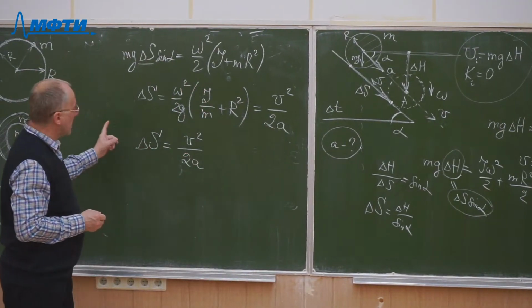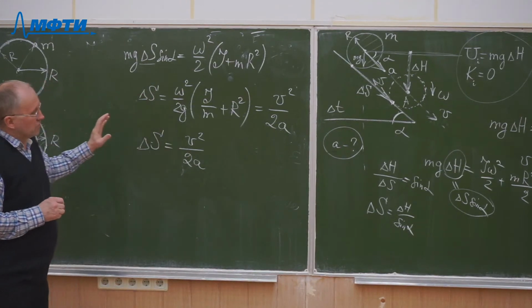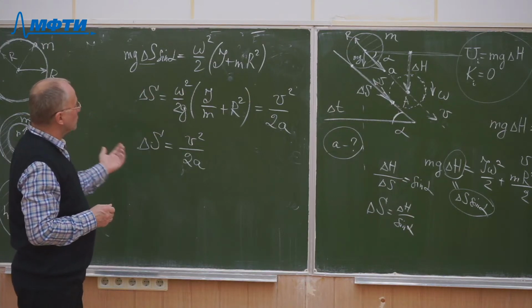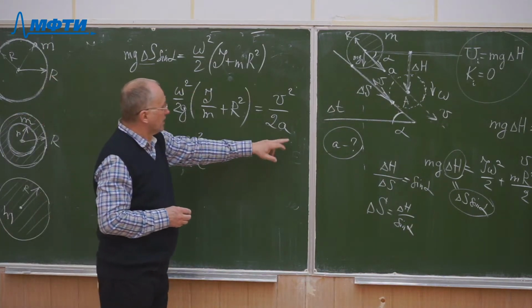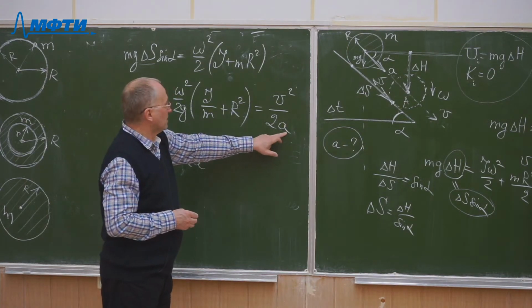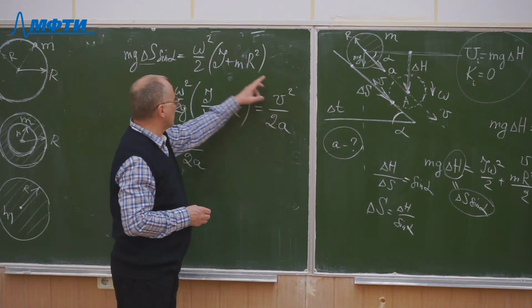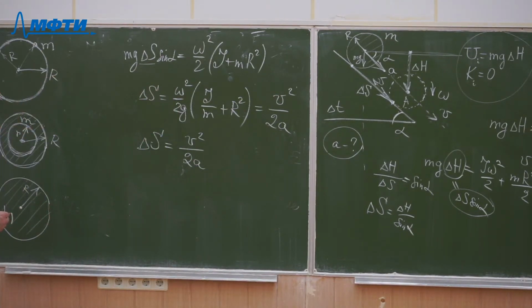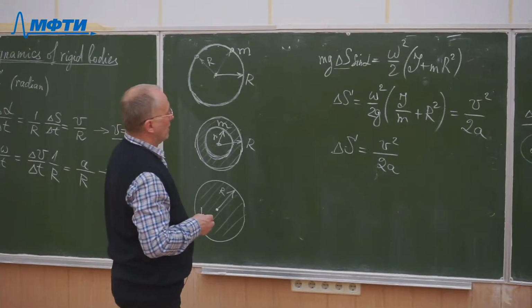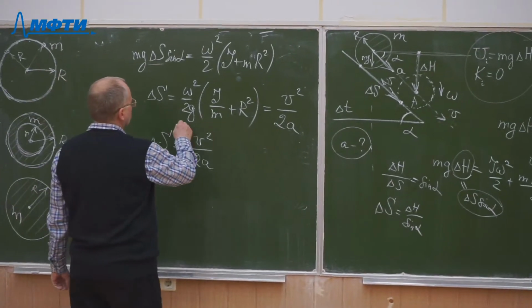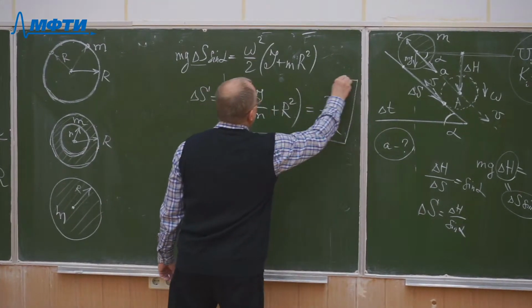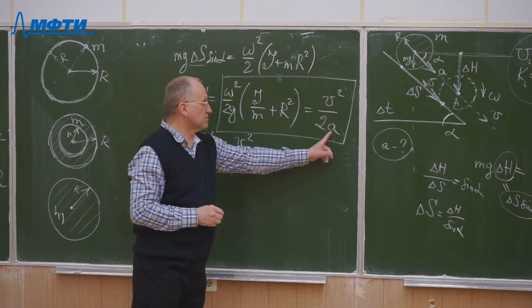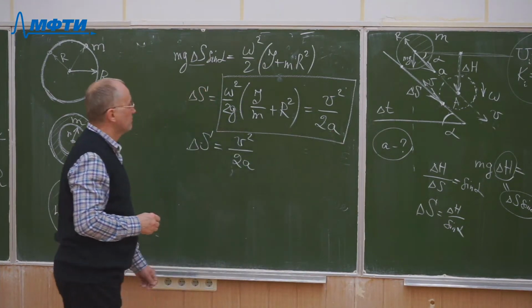That's why I'm trying to shape the formulas in such a way that the sought, unknown quantity can be found from our equations. And the equation we need will be this one, where we can find the unknown quantity, the acceleration that must be found in this problem.